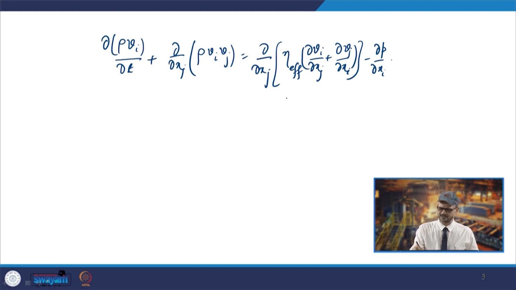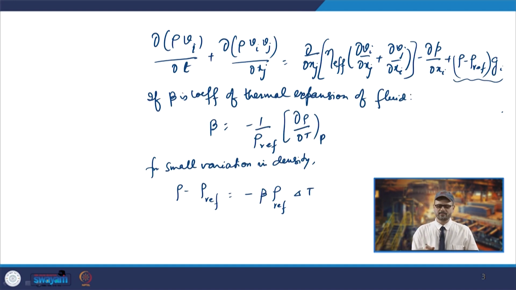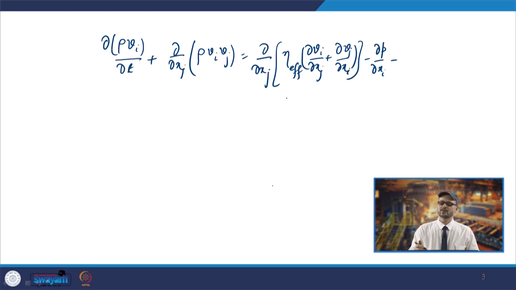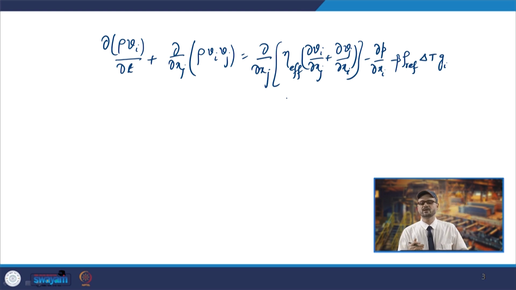As we discussed, ρ minus ρ reference will be minus of beta ρ reference delta T, so it will be minus beta, ρ reference, delta T and then g_i. That is what you get when you incorporate this term because of the change in density, the buoyancy term.